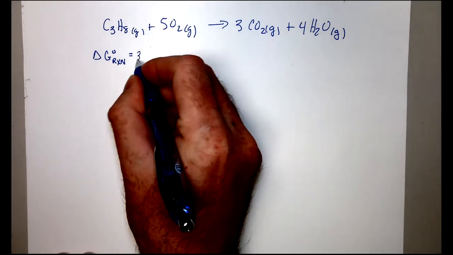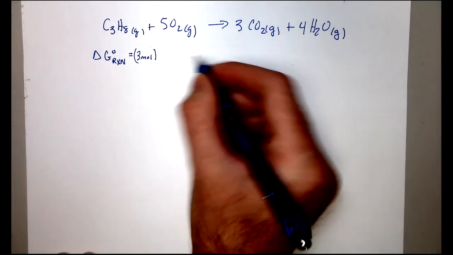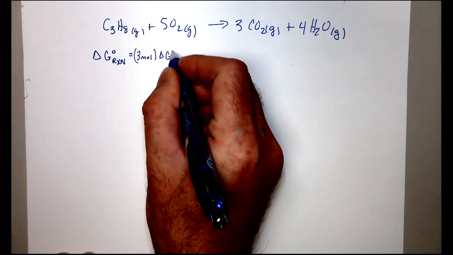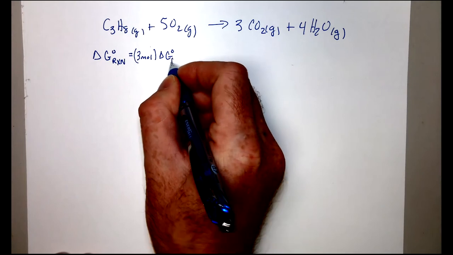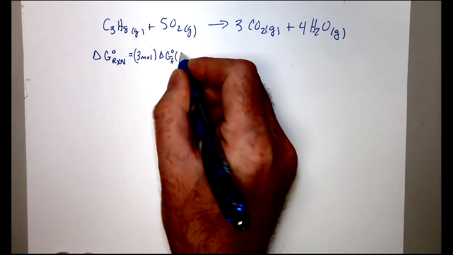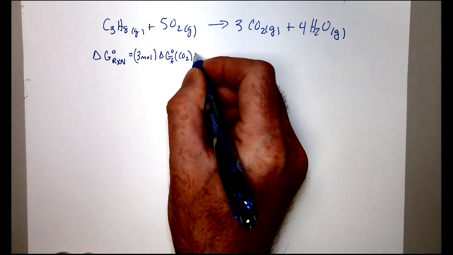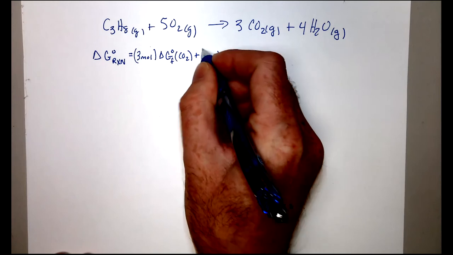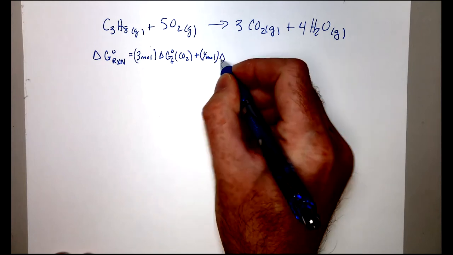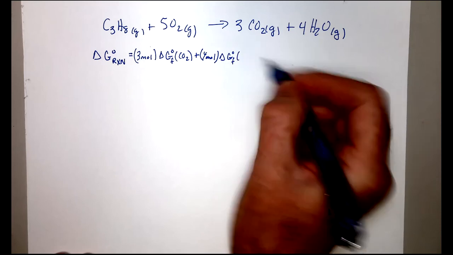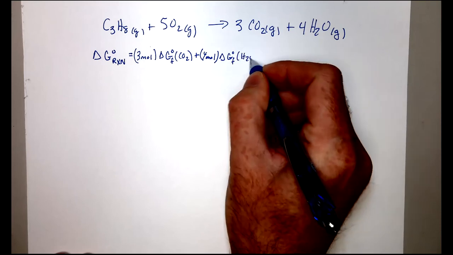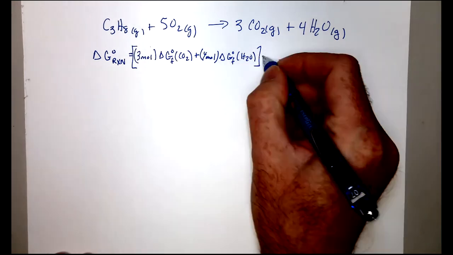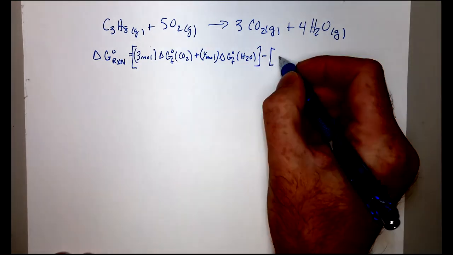So it's going to be 3 moles times the delta G standard of formation for CO2 plus 4 moles times the delta G standard of formation for the water. Those are my products. From that, we're going to subtract the reactants.